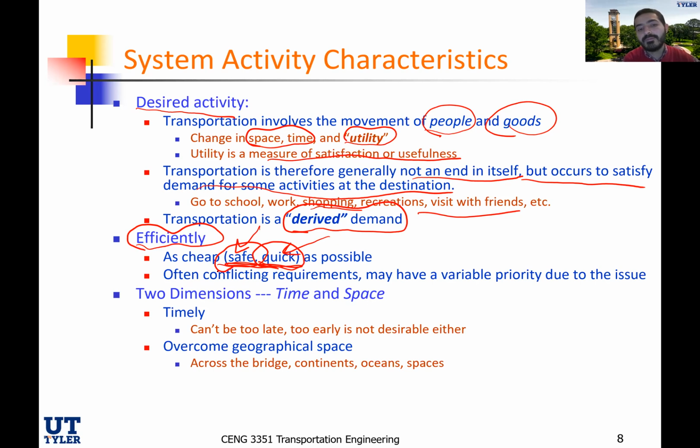Talking about quick, there are two dimensions here about efficiency: time and space. You need to get them there timely. You can't be too late if you are going to a job interview. You have to trust the transportation system, and you need to plan ahead of time.